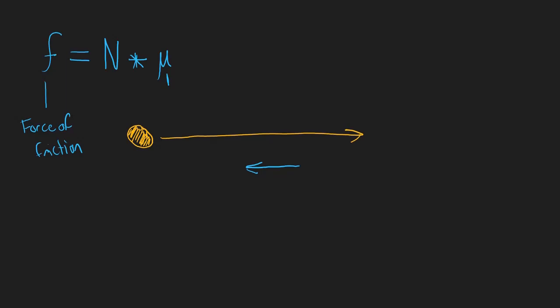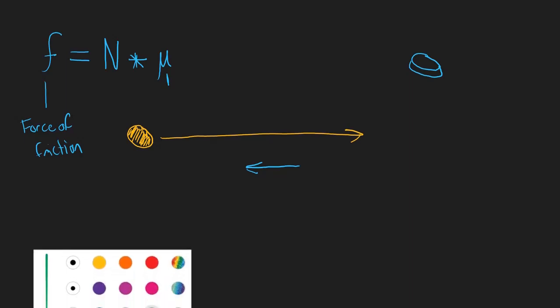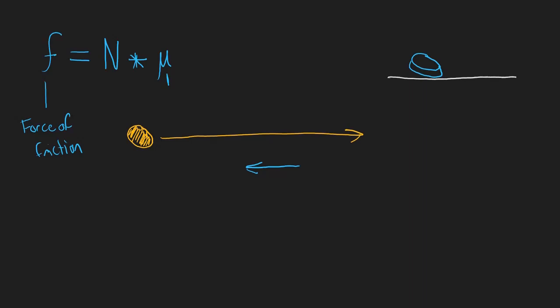So what I mean by that is the rubber, I think hockey pucks are made of rubber. I'm not sure. I don't really play hockey. So this is a hockey puck, and let's say this is the ice. So this is the ice, and the hockey puck and the ice are touching each other. Those are two surfaces.